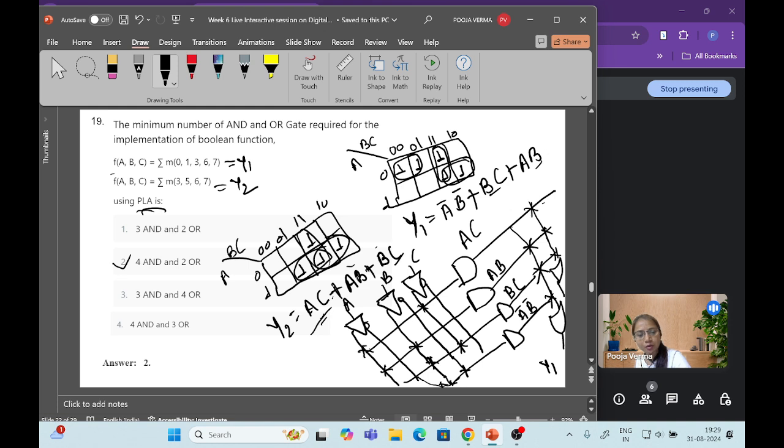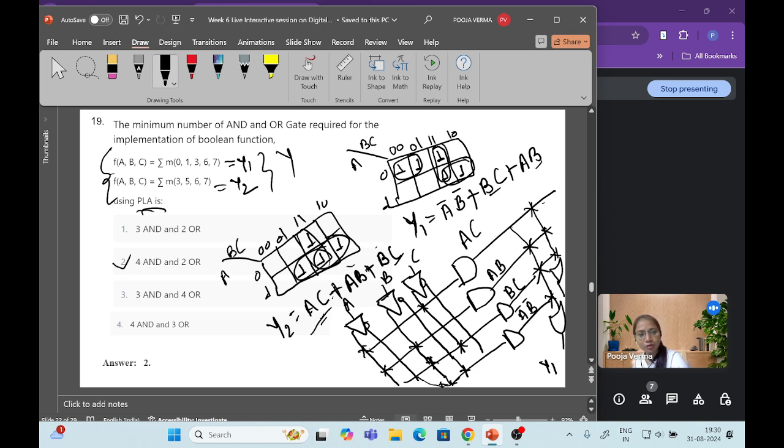Whatever is common in both the Boolean expressions, just take it as a 1 and then count the number of literals. And already we know that two functions are there, so we can implement it with 2 OR gates only. Otherwise you can directly implement the PLA circuit and take it from there.